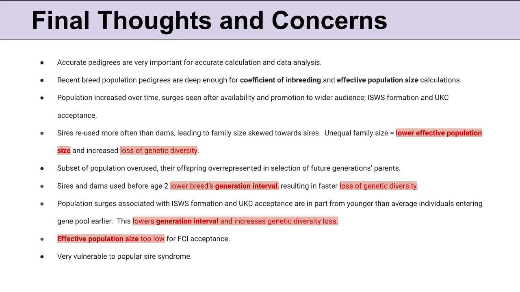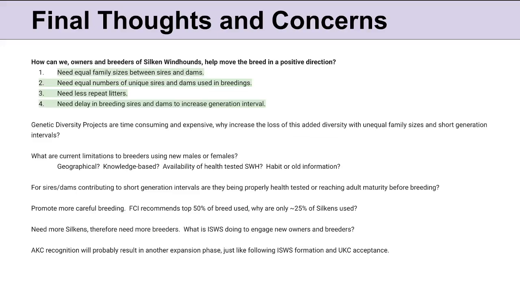Our effective population size is too low for FCI acceptance at this point in time. And because it's a low effective population size, we're very vulnerable to popular sire syndrome. But how can we, as owners and breeders of Silken Windhounds, help move the breed in a positive direction with all of this quantitative data? We need to try and equalize family sizes between dams and sires.